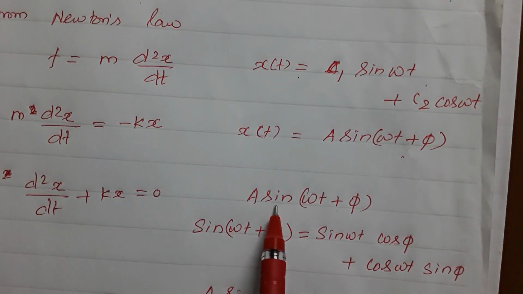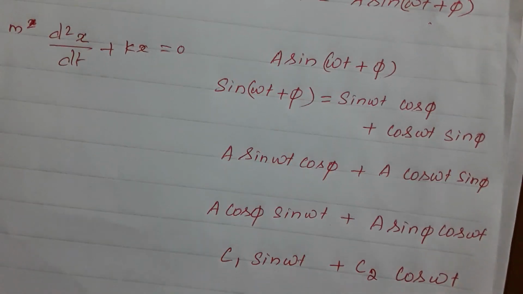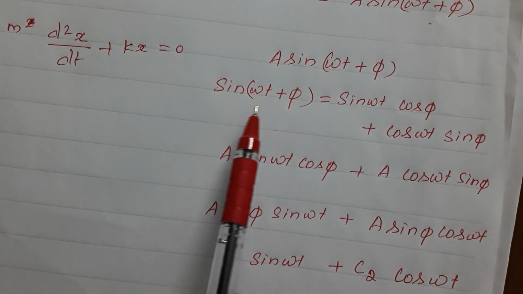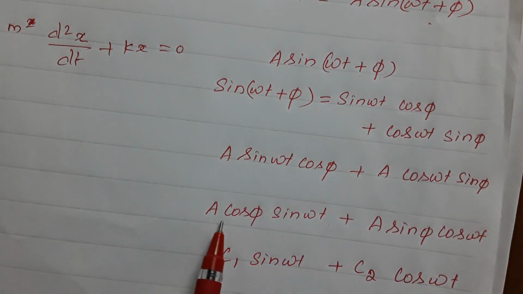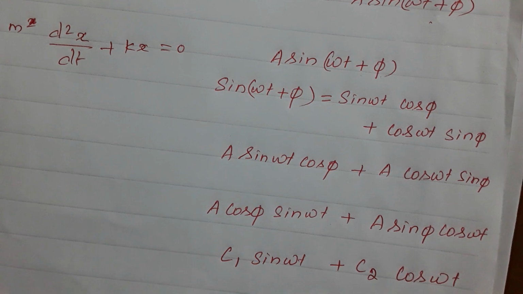This is sin of a plus b. We know that sin of a plus b equals sin a cos b plus cos a sin b. In the same way I have written, then substitute these values here. After substituting, you get a cos phi sin omega t plus a sin phi cos omega t.